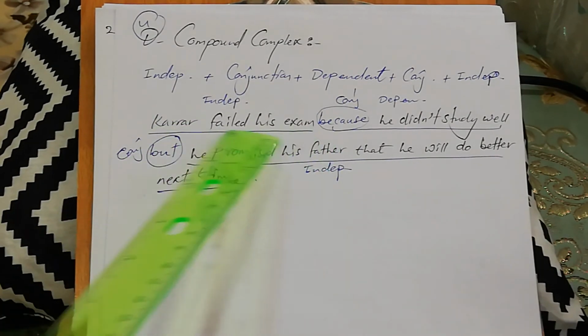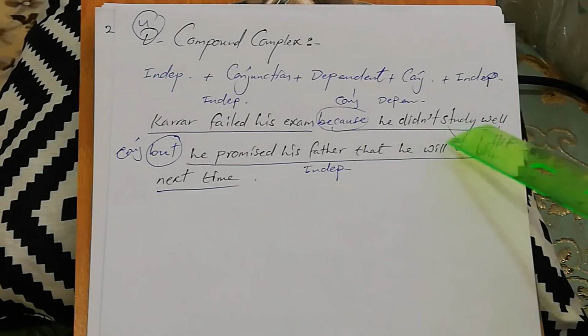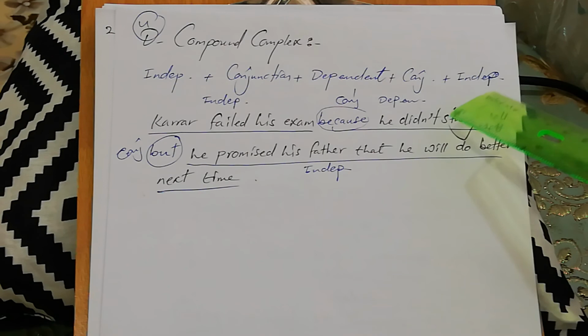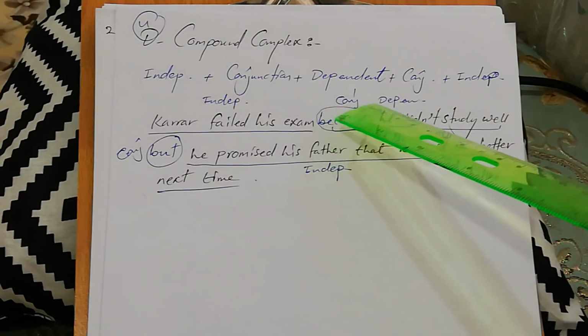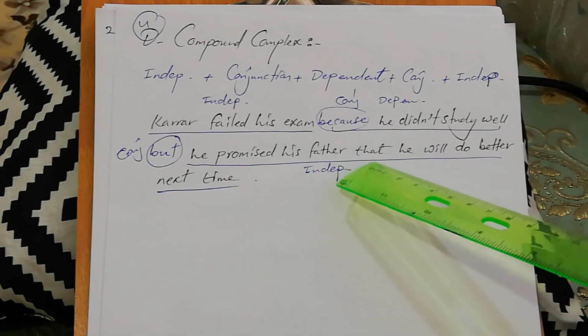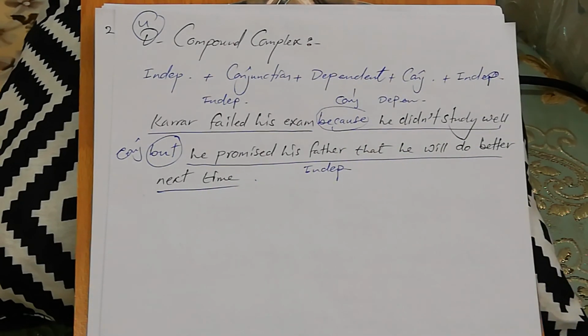Karar failed his exam is an independent clause. And because he didn't study well, I've spoken about it for a couple of minutes, I told you that it is a dependent clause. And he promised his father that he will do better next time is an independent clause. Later on, I'll speak about patterns.